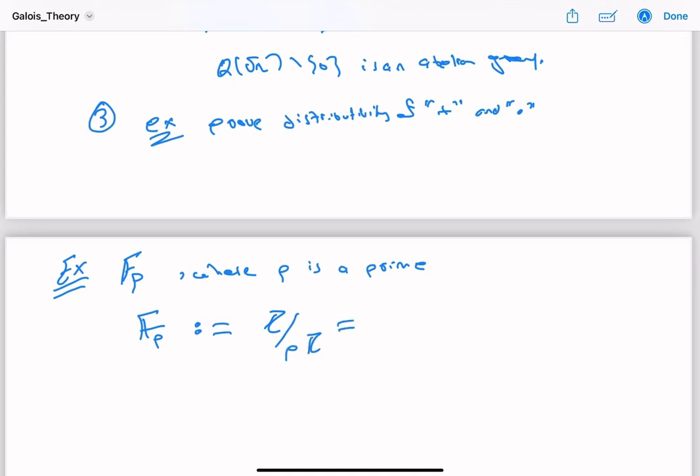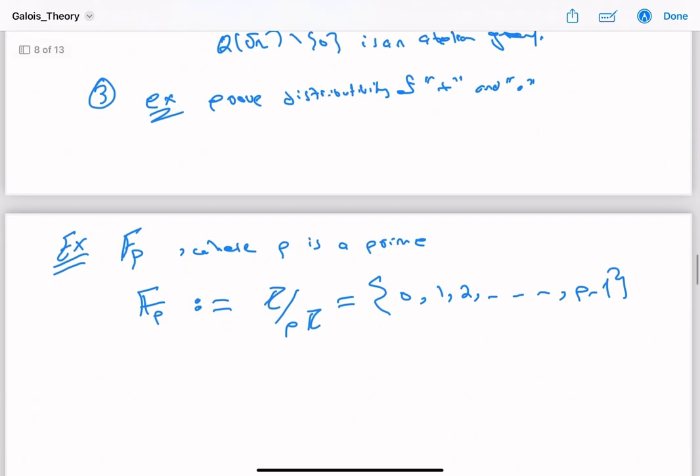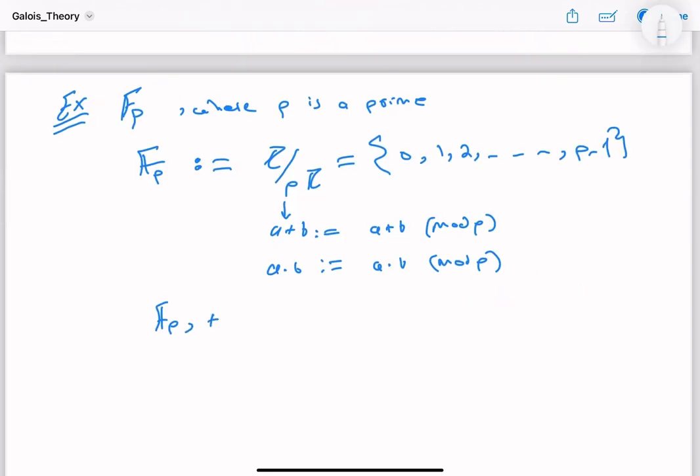So it's the set of reduced residues modulo p, meaning it's all of these numbers modulo p. And we're defining addition, if these are two elements in here, a plus b to be a plus b modulo p, and we're defining a times b to be a times b modulo p. All right, so we're talking about F_p with this addition and this multiplication.